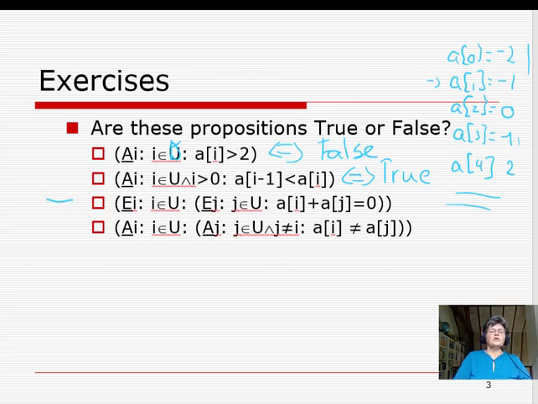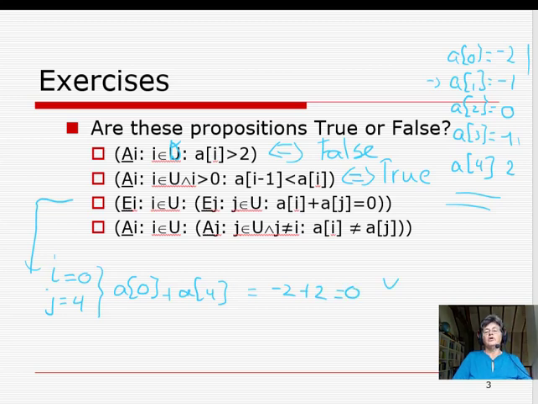And of course, we can find plenty of examples. For instance, if we choose i being 0 and j being 4, then A0 plus A4 would be minus 2 plus 2, which is 0. So we already found one.